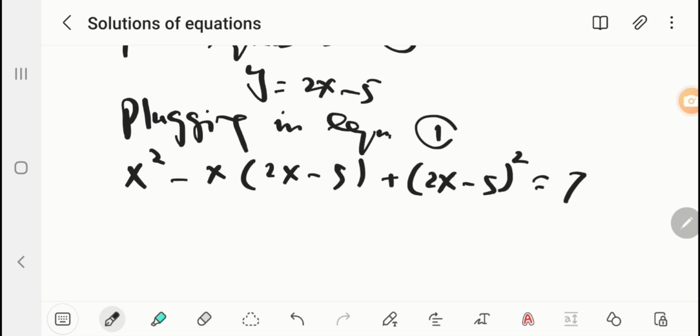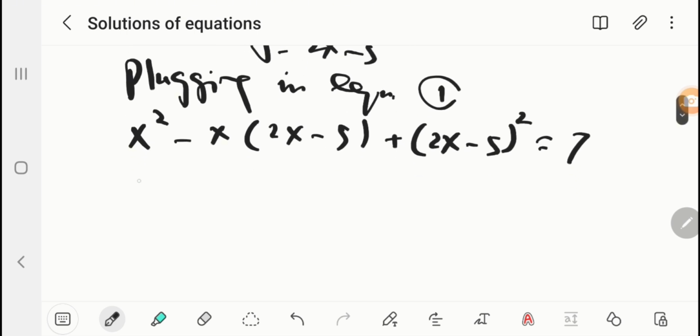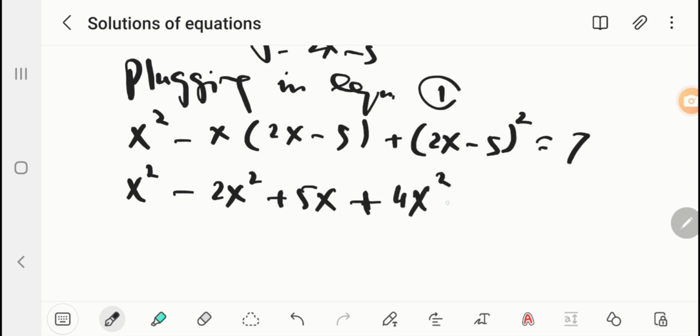Now by simplifying the equation, we will get x squared minus 2x squared plus 5x plus, we will open the square by the identity, 4x squared minus 20x plus 25 is equal to 7.